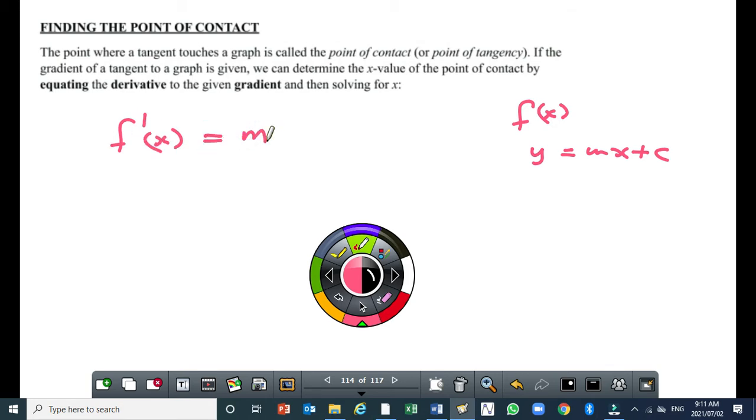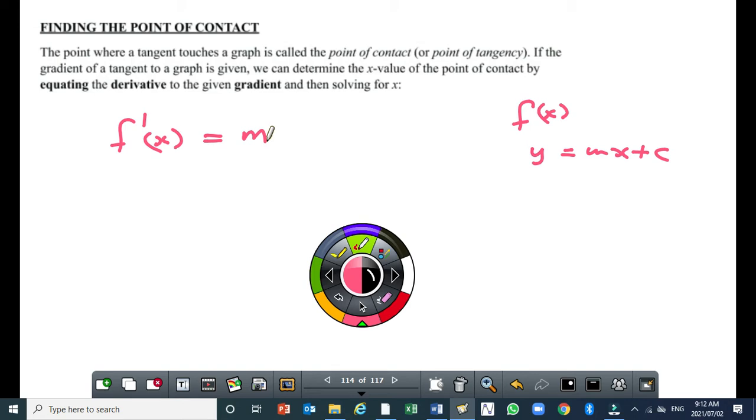F prime of x is the first derivative of the cubic function. It will be equal to m, which will be the gradient. In this case, the gradient will be given. So all you have to do is connect your knowledge of the equation of a straight line and its gradient, the first derivative, and the cubic function.